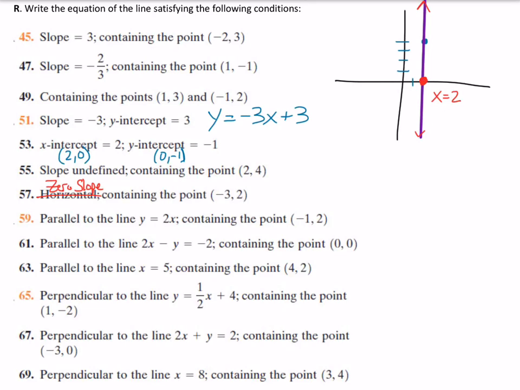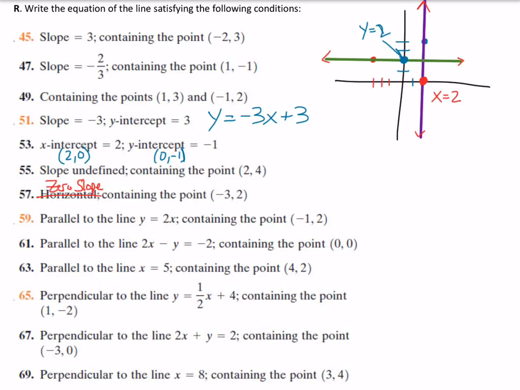If I were to graph the point negative 3 comma 2, which is right there, again, zero slope or horizontal just means it goes straight left and right. Notice the green line, the only place it crosses is right here on the y-axis. So it crosses the y-axis at what value? Y equals 2. So that is the equation of that line.